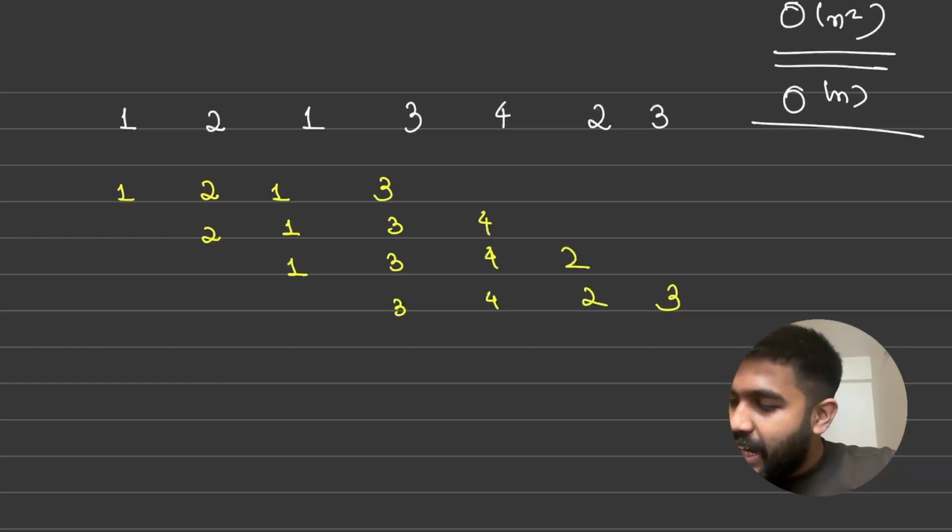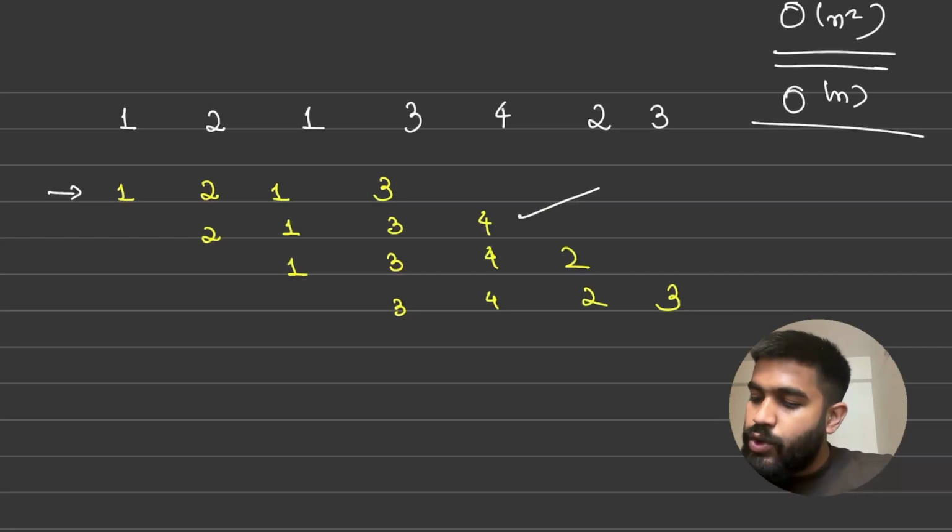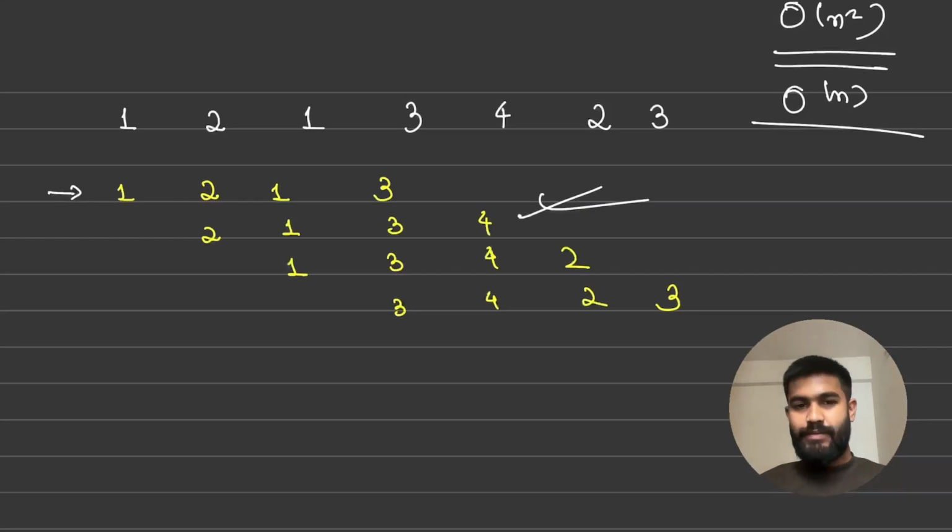If I give you this subarray and I tell you to create the second subarray, do you need to build the second subarray from scratch? If you already have the first subarray, do you really need to do it from scratch? Let's think.